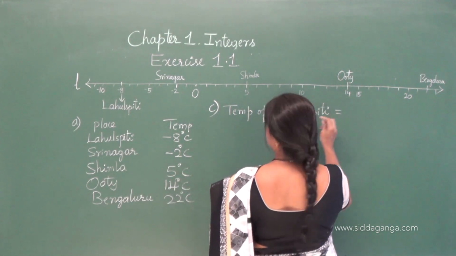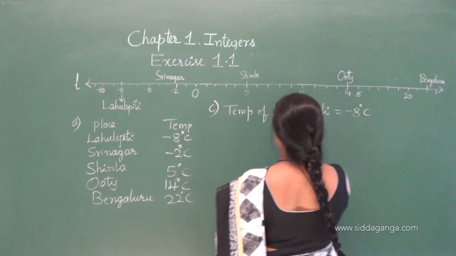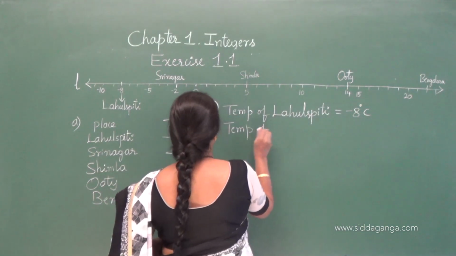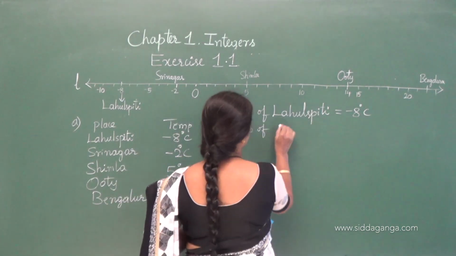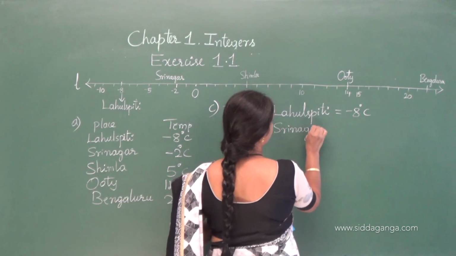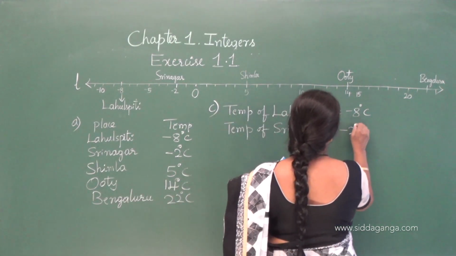Temperature of Lahul Spiti is equal to -8 degree Celsius, and temperature of Srinagar is -2 degree Celsius.